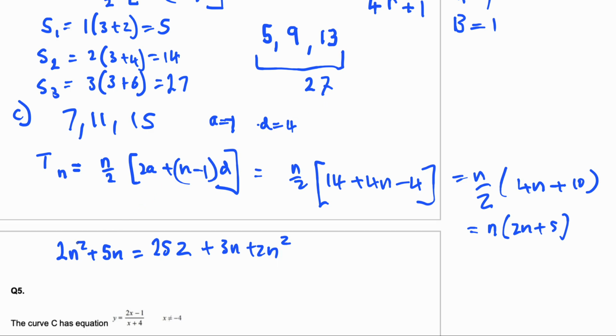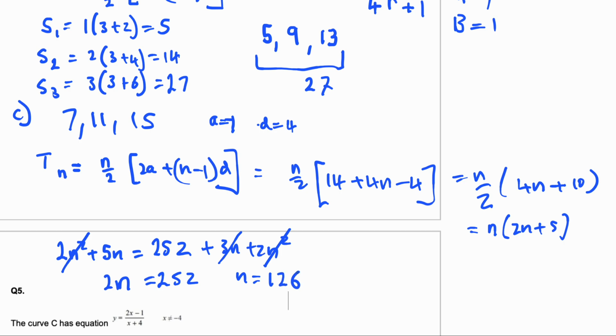Now from this we can minus 2n squared from both sides, and we can take away 3n from both sides, so that will leave you with 2n is 252, so therefore n is 126.